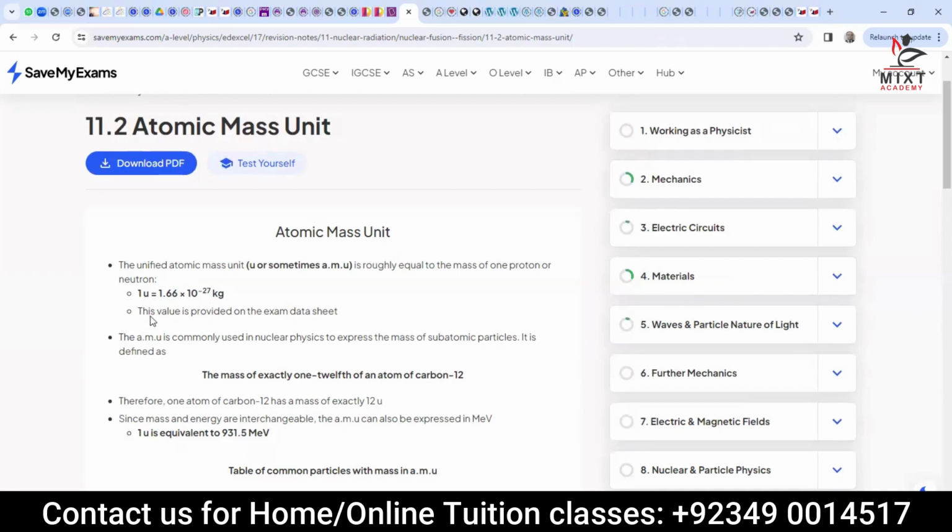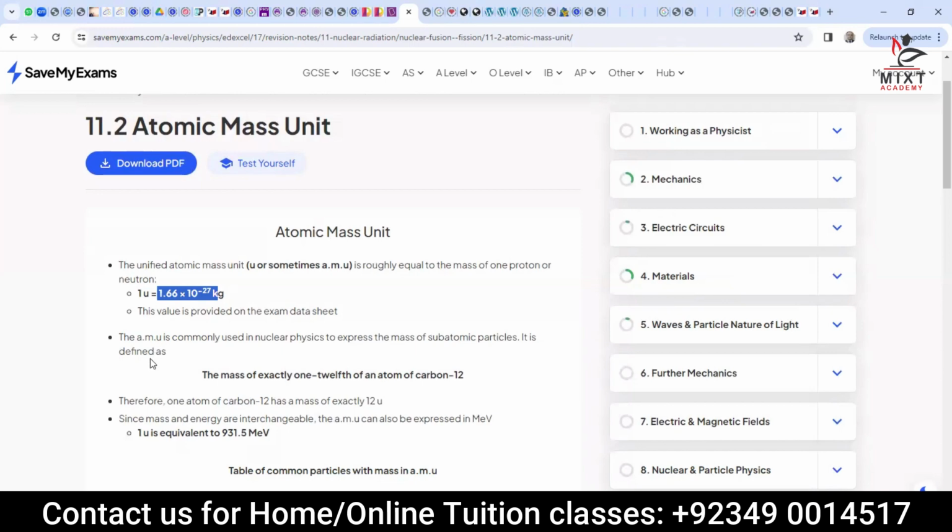So if I ask you what is the total mass in kg, then you will multiply the mass number, which is number of protons and number of neutrons, with this particular unit 1.66 into 10 to the power minus 27, and it will be converted into kilograms.